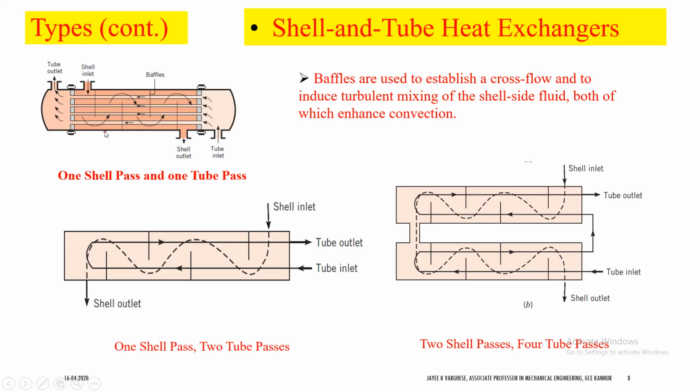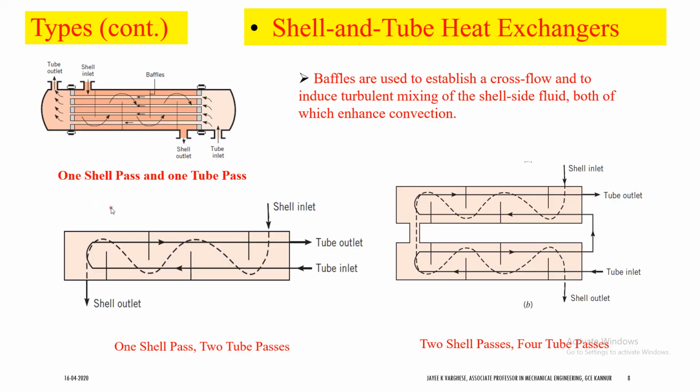So in a shell and tube heat exchanger, one fluid will be flowing through the shell but outside the tubes. Another fluid will be flowing through the tubes inside the shell. So such a heat exchanger is called a shell and tube heat exchanger. Okay, I forgot one thing.